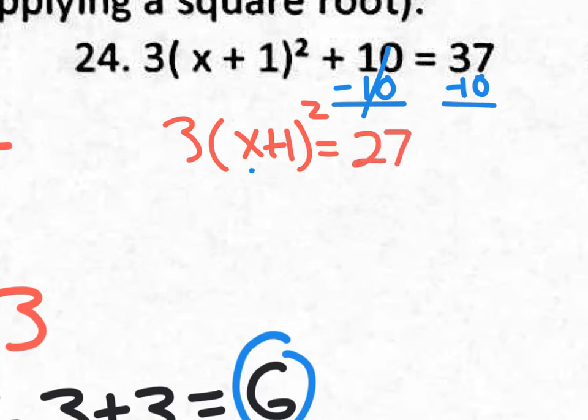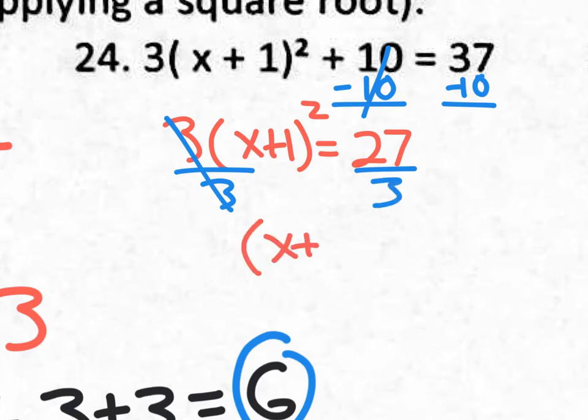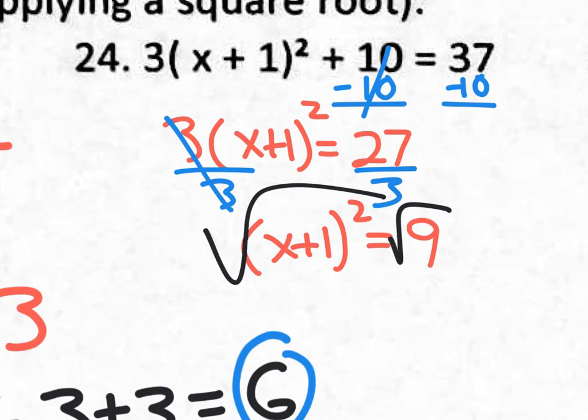And of course we are going to divide by 3, cancels, divide by 3. You're going to end up with (x plus 1) squared equals 9, which means we could apply a square root, I will have x plus 1 equals plus or minus 3.